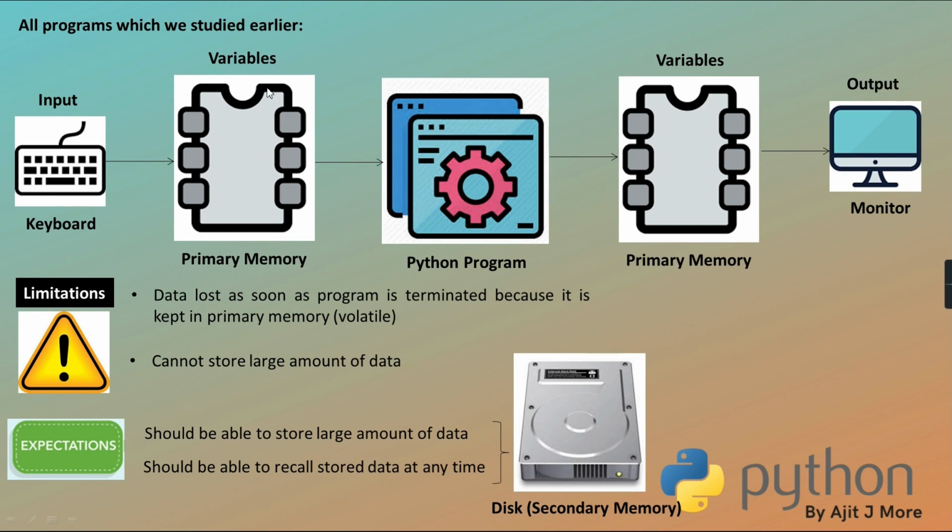In your primary memory, how do you keep information? In the form of variables. So what are variables? They are just the name given to some memory location. So some memory locations are reserved, to that memory location some name is given, and the value kept in that memory location can change. You can retrieve, you can store, but to those memory locations some logical name is given.